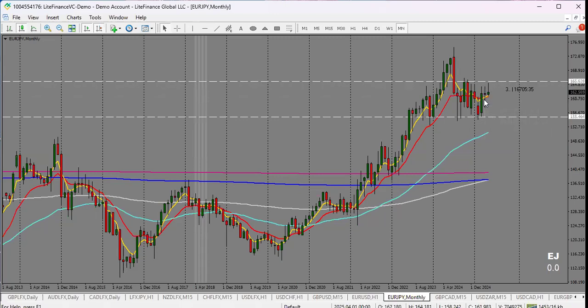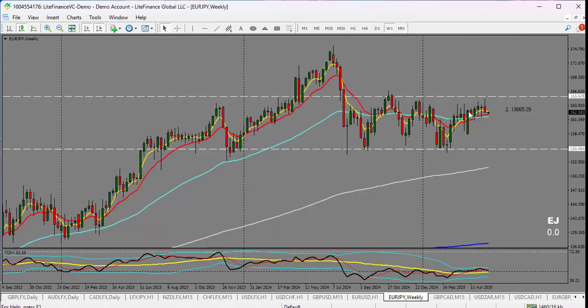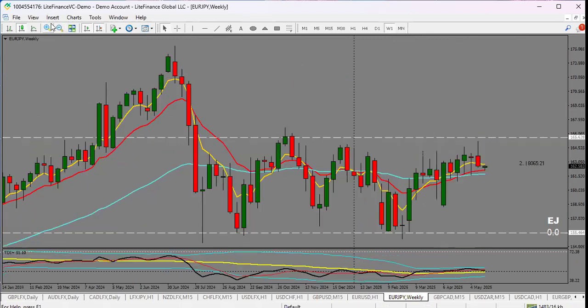But then this was last month's candle, and you can see the market is moving very slowly here, like a consolidation. This was last week's candle. We are now bouncing around the 13 EMA.